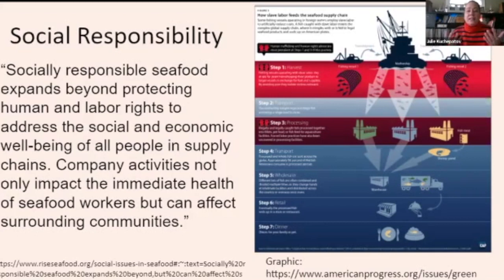This became apparent in 2014, 2015, relatively recently, when a series of newspaper articles came out in the Guardian and the AP about forced labor and child labor in shrimp supply chains from Thailand, specifically Southeast Asia.